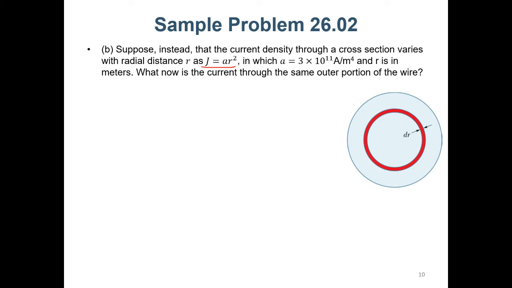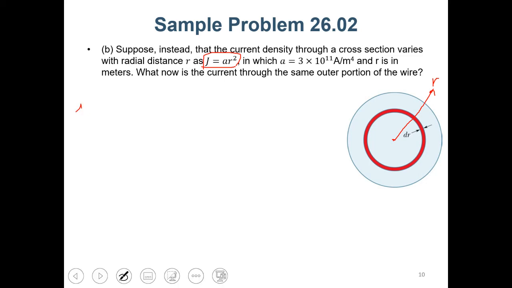Here we consider the current density J to be a function of R. J is proportional to R squared, which means that the current density is 0 in the center and maximum at the outside, at the edge.